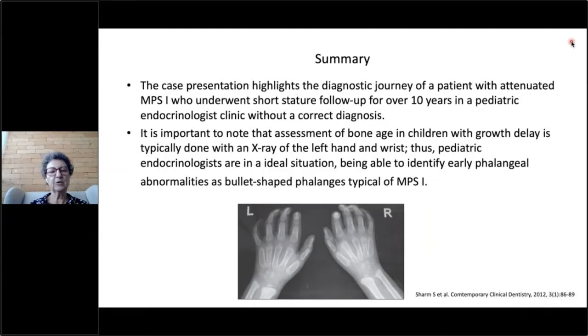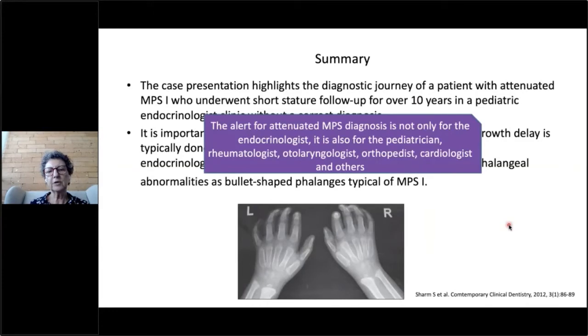Thus, pediatric endocrinologists are in an ideal situation to identify early phalangeal abnormalities such as bullet-shaped phalanges typical of MPS. Look here, this shape. This is very typical of MPS I.